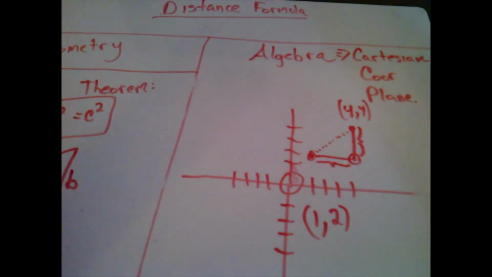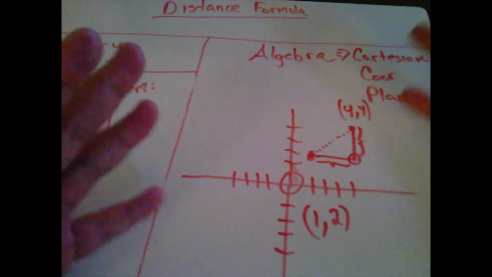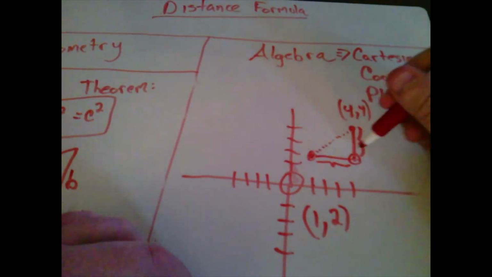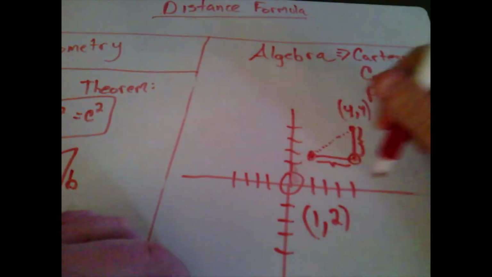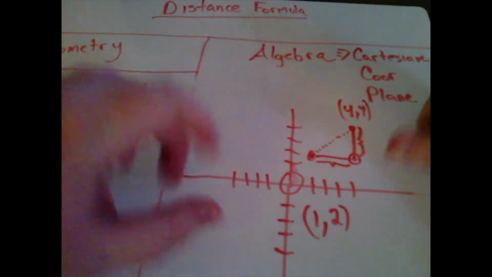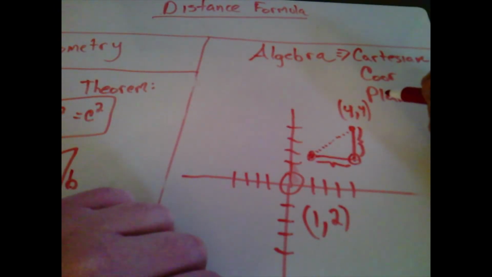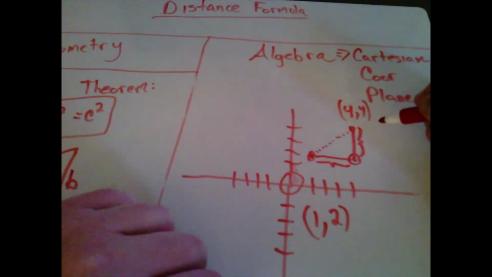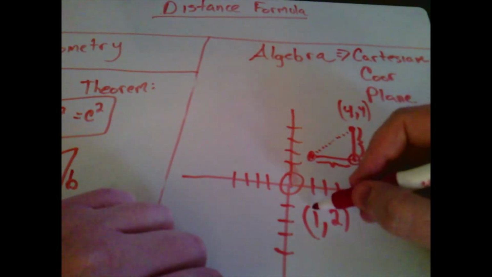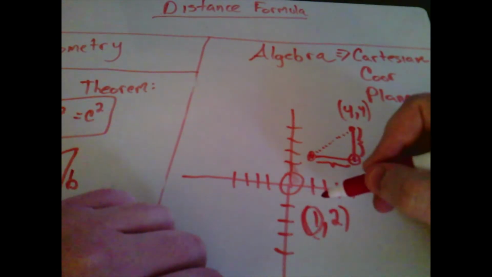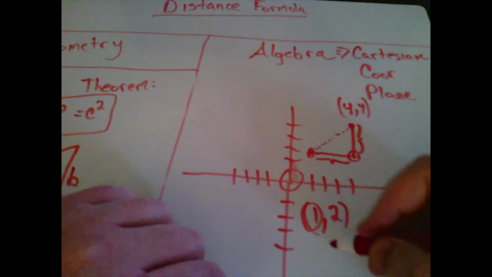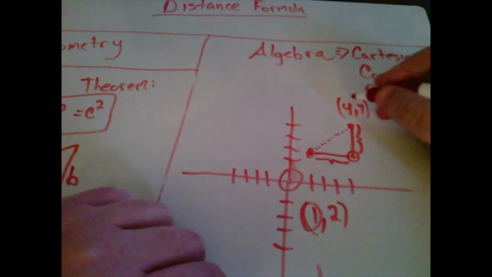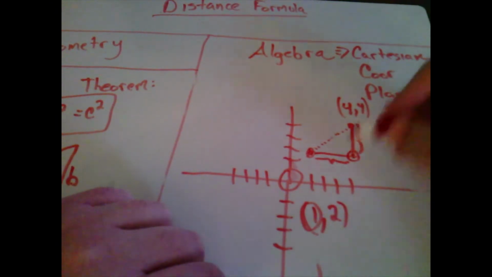But here's the great thing about our Cartesian coordinate plane right now. This line is a horizontal one that is parallel to the x-axis, meaning that wouldn't the distance from here to here be the difference between this number, which defines our x value for this spot here, which is 1, and the x value here, which is 4.